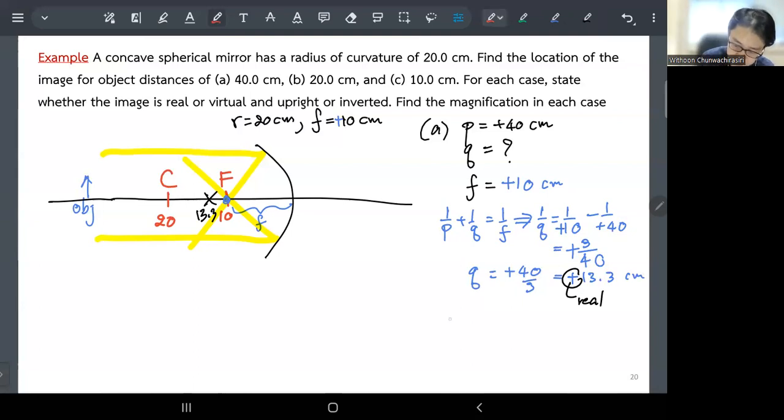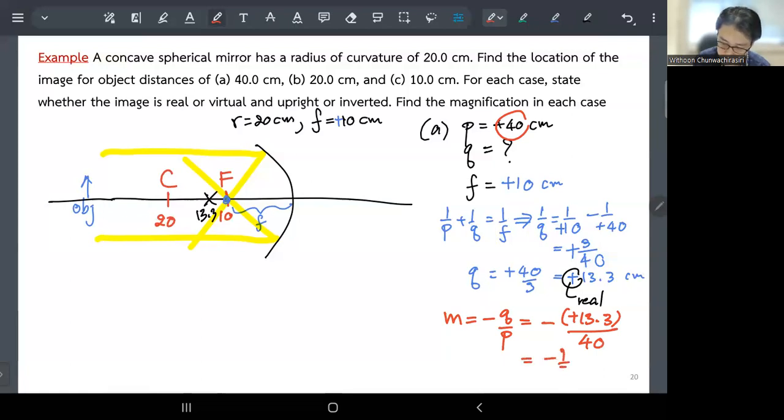I can continue on with the M equation, the second equation, negative Q over P. Plug in with the sign. Negative positive 13.3 divided by P, the distance of the object, 40, right there. So what you get at the end is negative 1/3. So what does it mean?